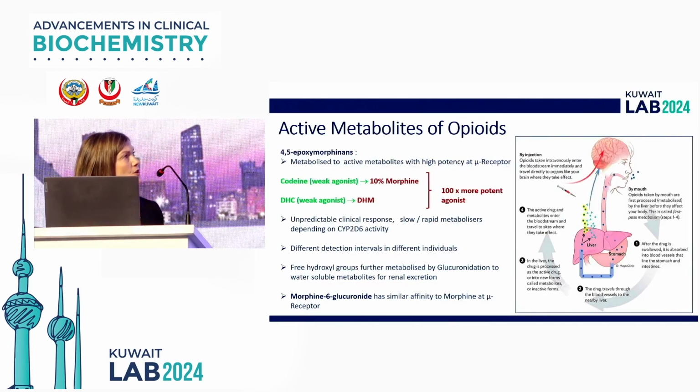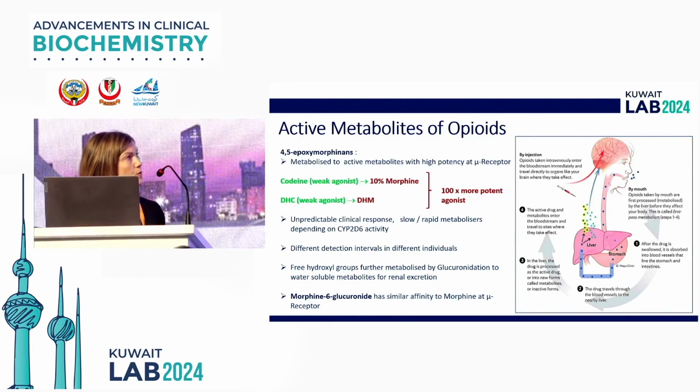You also need to know a little bit about the metabolites of opioids, particularly if you're offering an analytical service. So many 4,5-epoxymorphinans are actually metabolized to active metabolites, which have high potency at the mu receptor. And some metabolites are actually more potent than the parent drug.